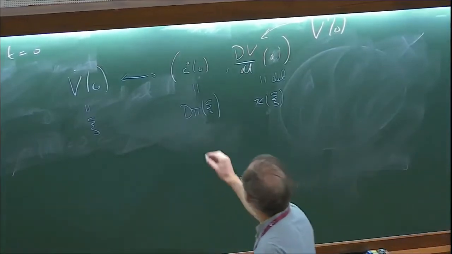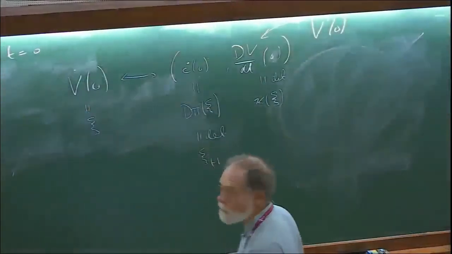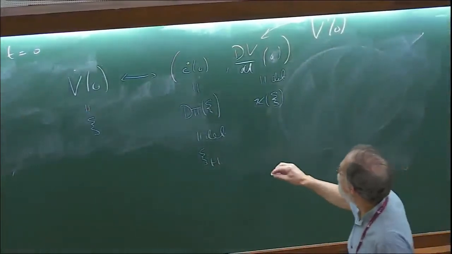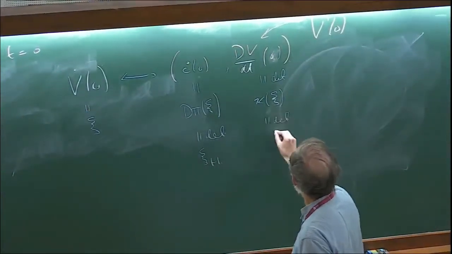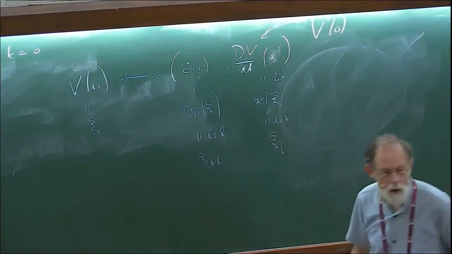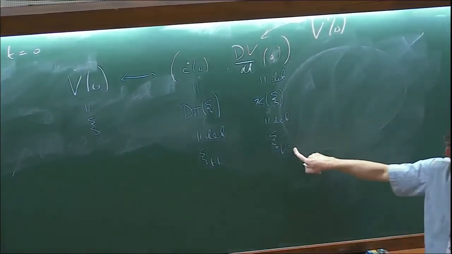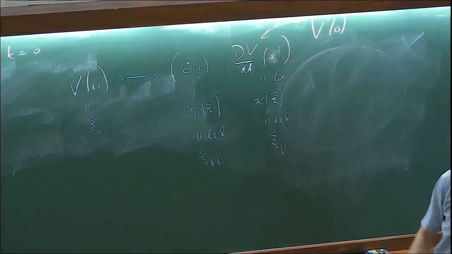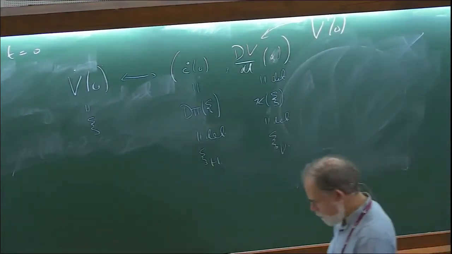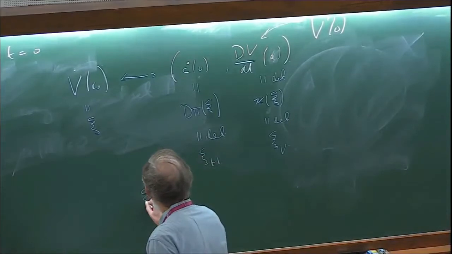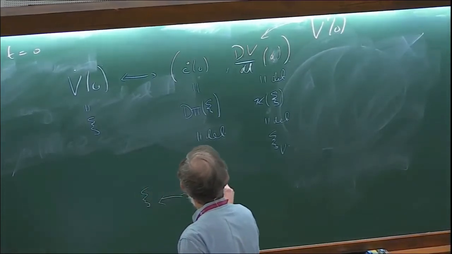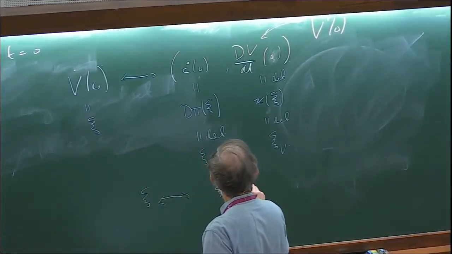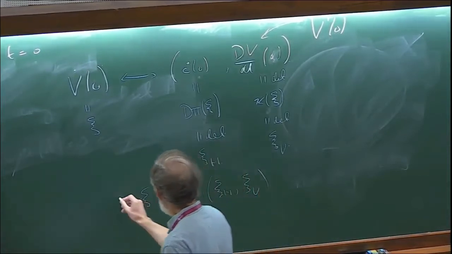And then this we call the horizontal part of xi, and this we call the vertical part of xi. So here V stands for vertical, up there it was V for vector. And so you have this correspondence between xi and its horizontal and vertical parts.